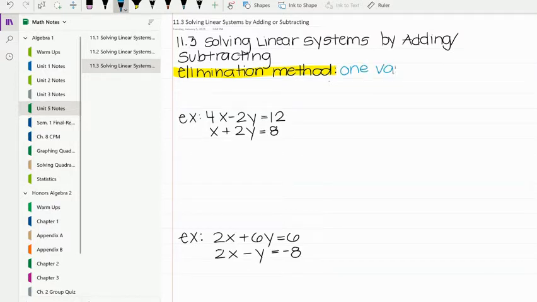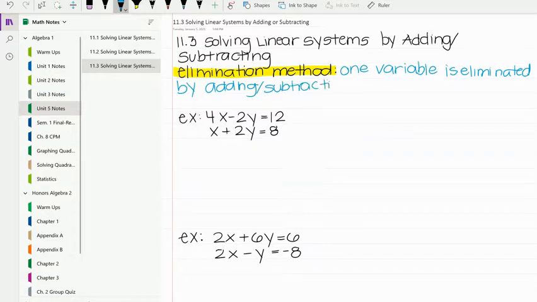The elimination method is when one variable is eliminated. So we are going to try and get rid of it by adding or subtracting, and we'll talk about how we know which one to use, two equations in the system.